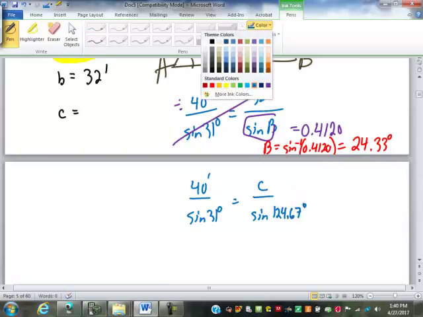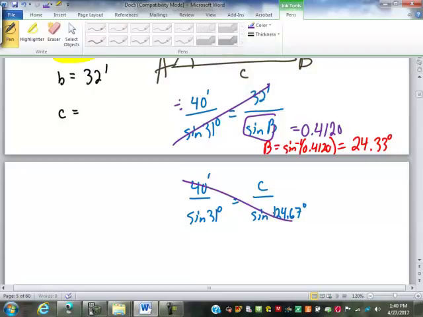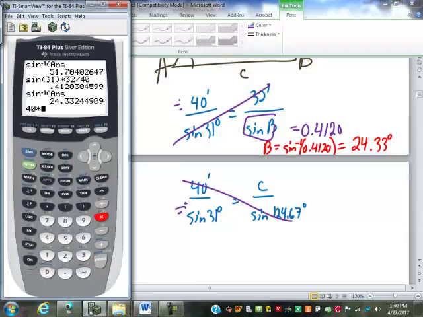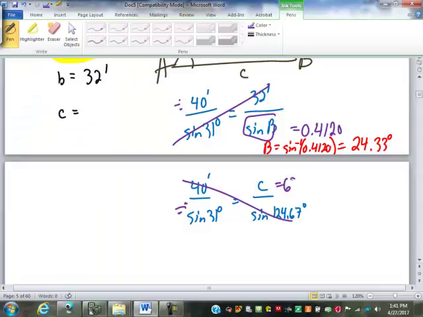And here, since we're finding a side, there's no inverse. We just cross multiply and divide. So it shall be 40 times the sine of 124.67. Make sure you close that parentheses. Divided by the sine of 31. 63.87 feet.